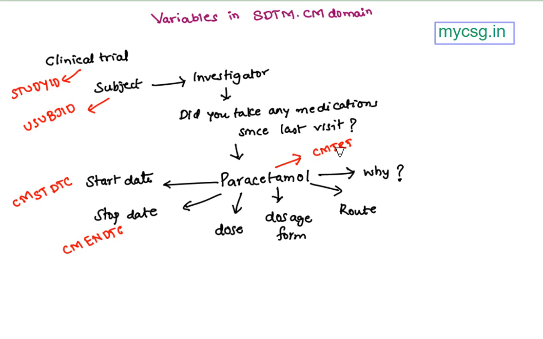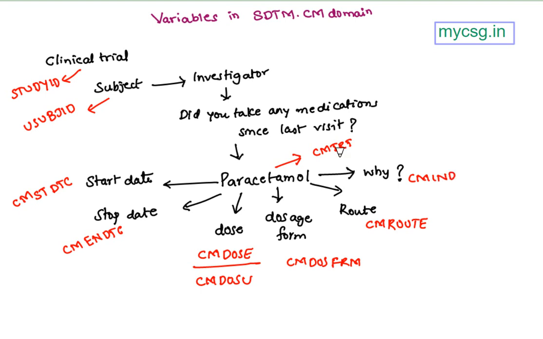The number 500 or 650 would be stored in a variable called CMDOSE, and the unit mg will be stored in a variable called CMDOSU, and the dosage form will be stored in a variable called CMDOSFRM, and the route of administration would be stored in a variable called CMROUTE, and why that particular medication was taken would be stored in a variable called indication, CMINDC.